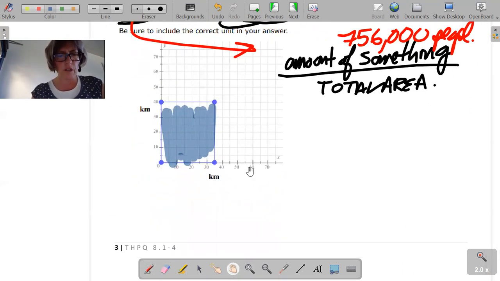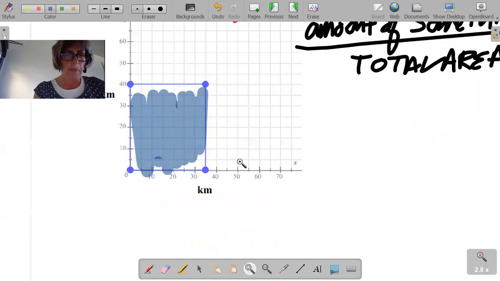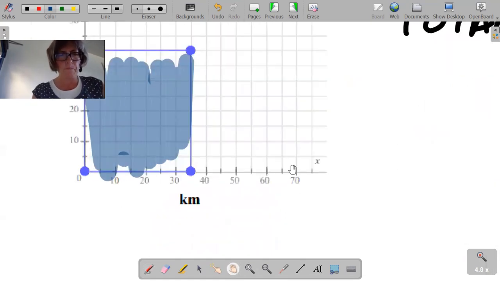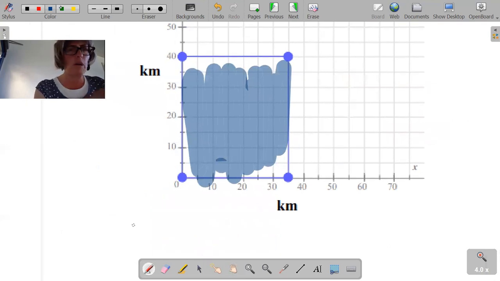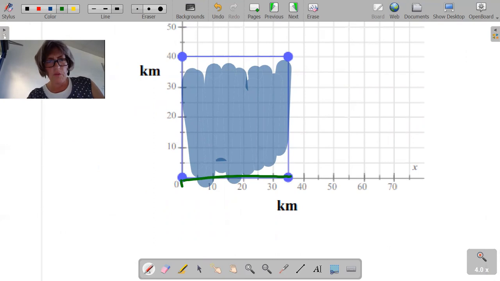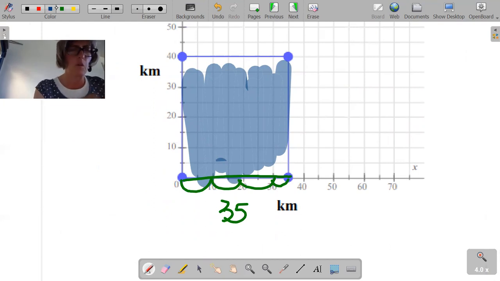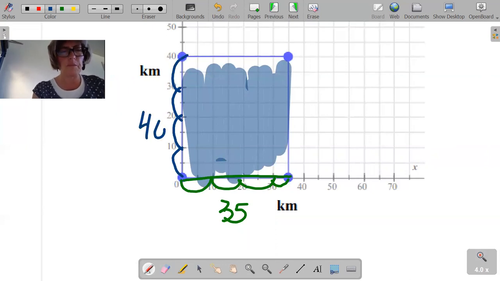So if you look very closely, our length here, careful, that's 10, 20, 35. Going this way, 10, 20, 30, 40.